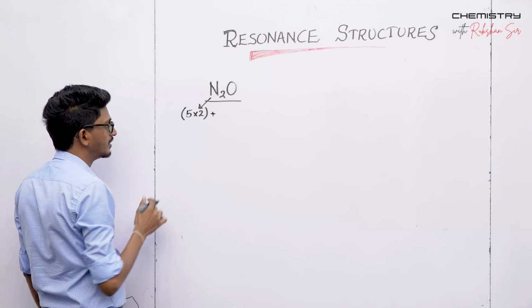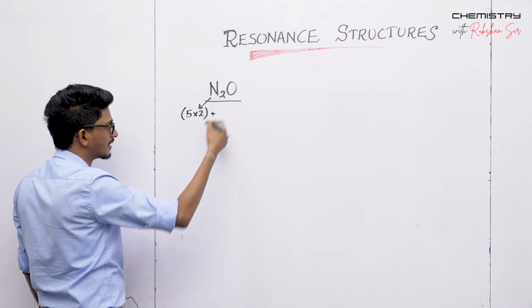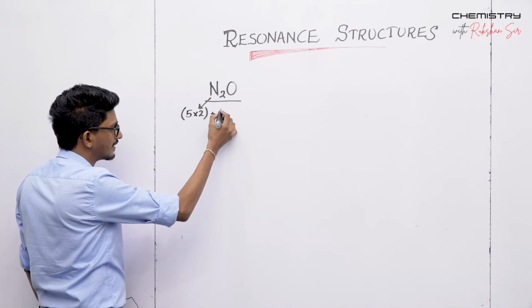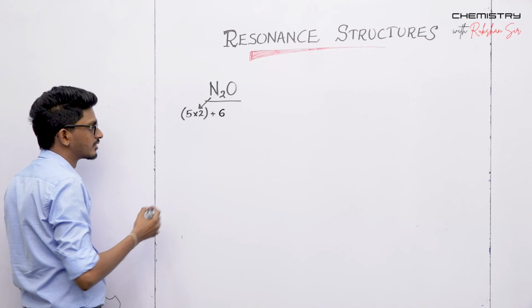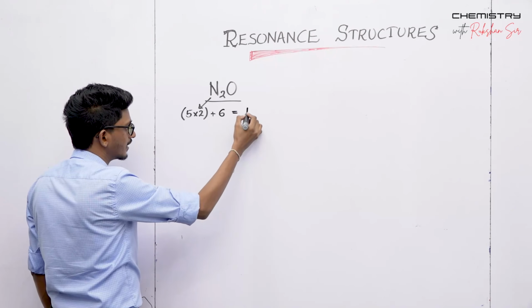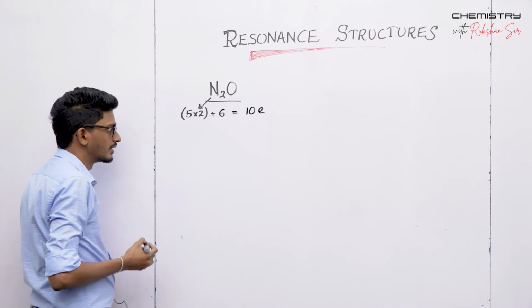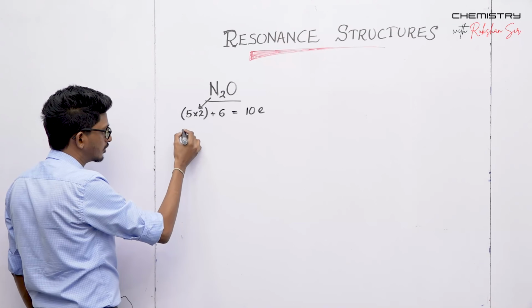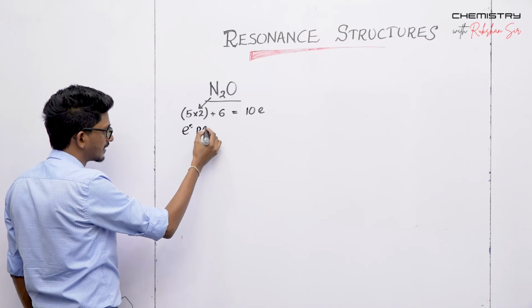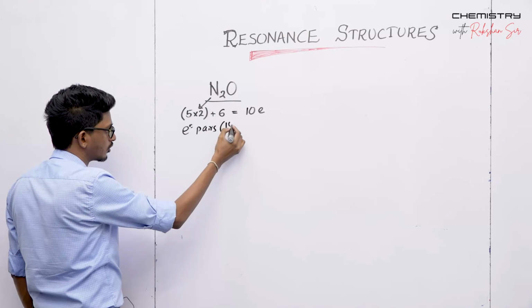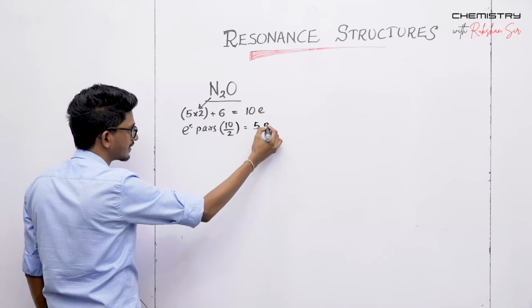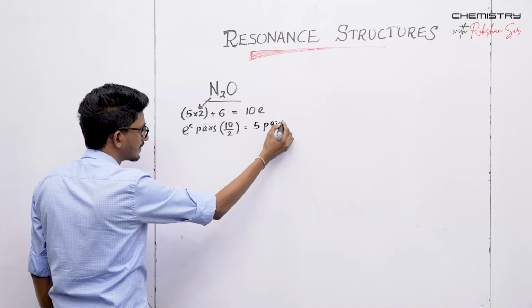Oxygen is a group 16 element, so one oxygen gives 6 electrons. Altogether you will have 16 electrons, which divided by 2 gives 8 electron pairs.